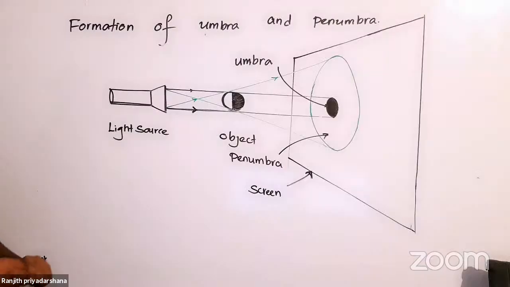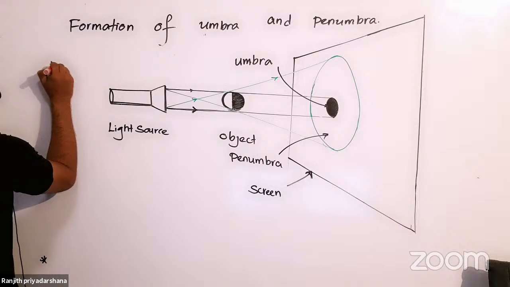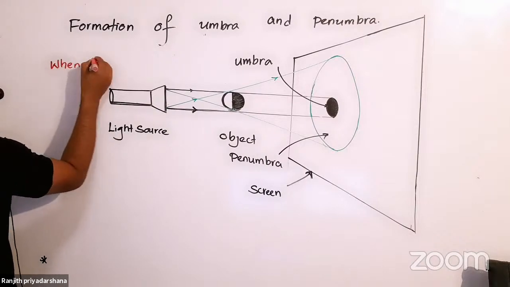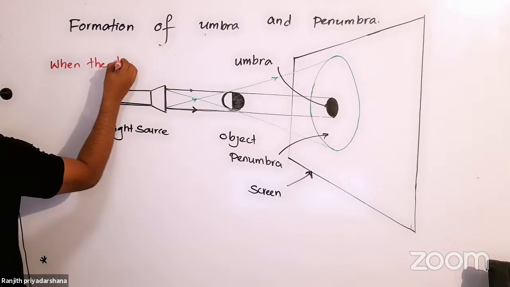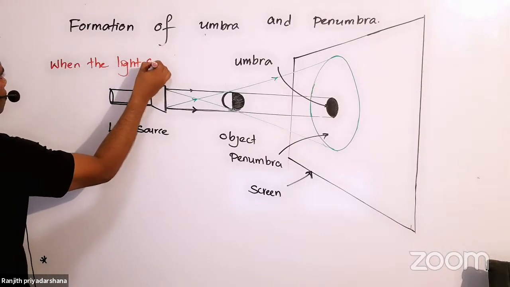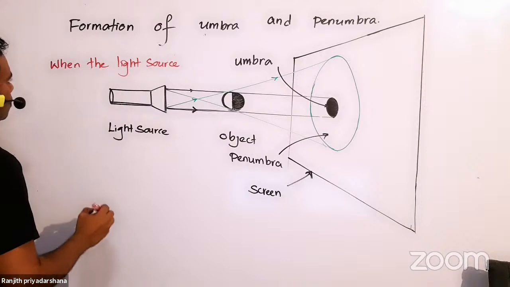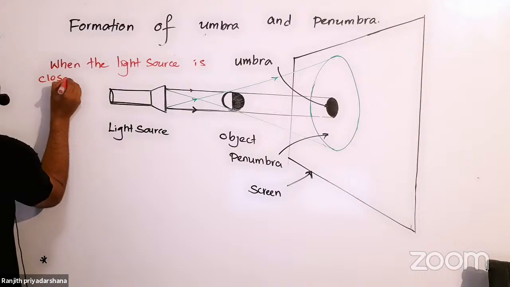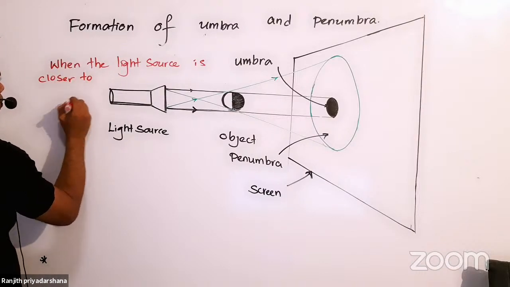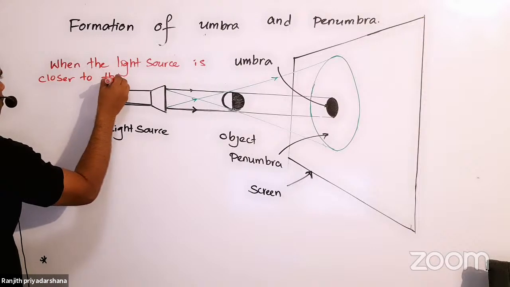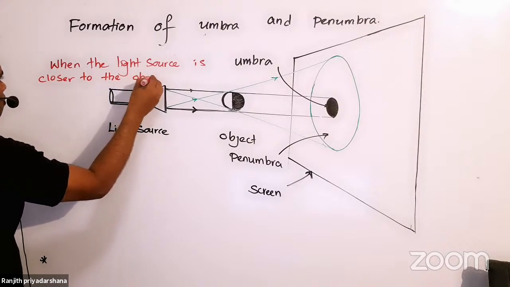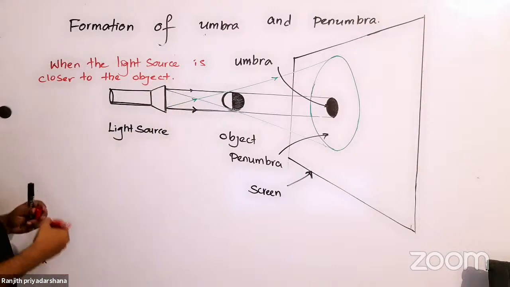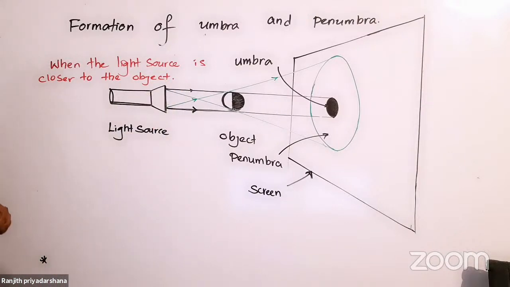You have to put a title: when the light source is closer to the object. What can you see?